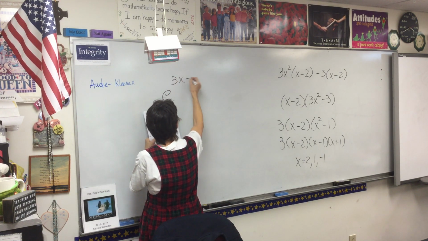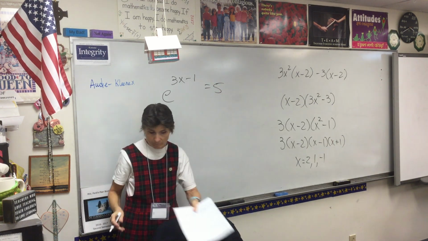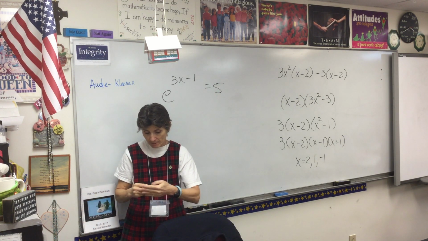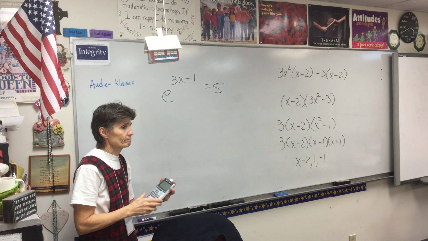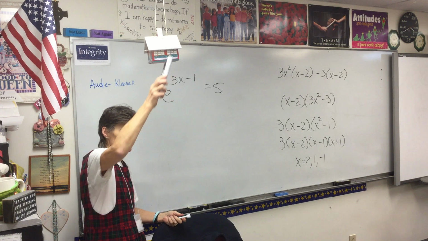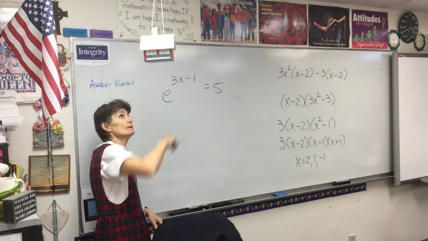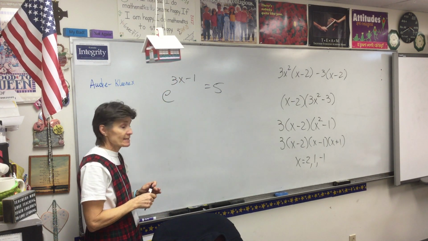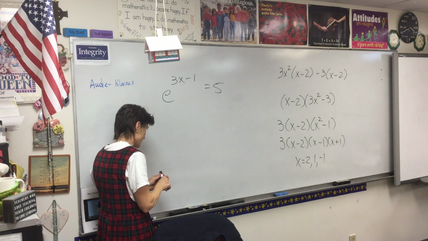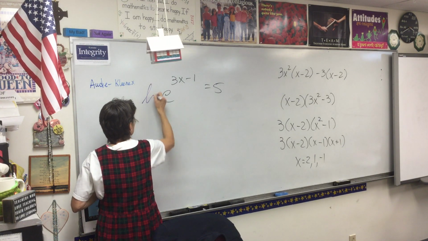All right, let's take a look at this problem, guys. Where is the variable? Up in the exponent. And what do we do when our variable is up in the exponent? We take the logarithm of both sides. And since there's an e in it, it has been suggested that we ln both sides.